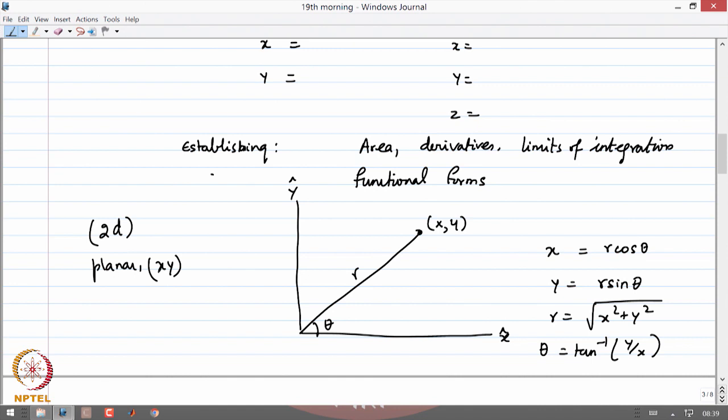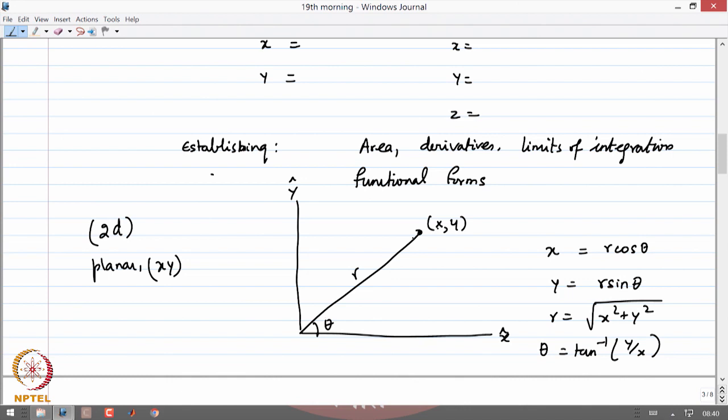Now, in two-dimensional planar x and y, any function is a function of the two coordinates x and y, marked as a point on the two-dimensional axis system.